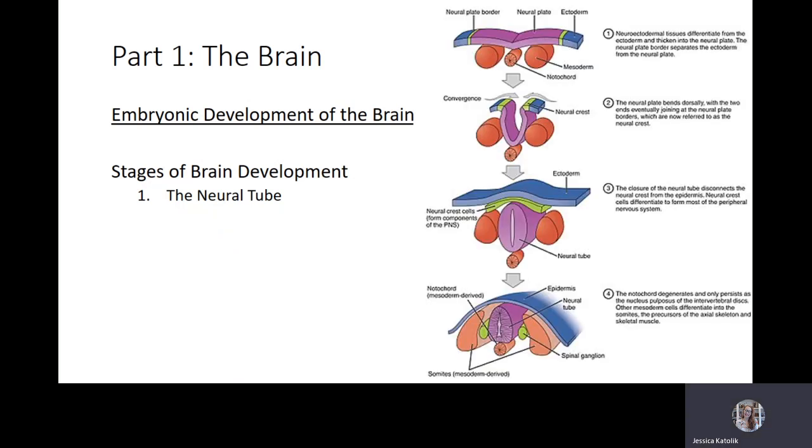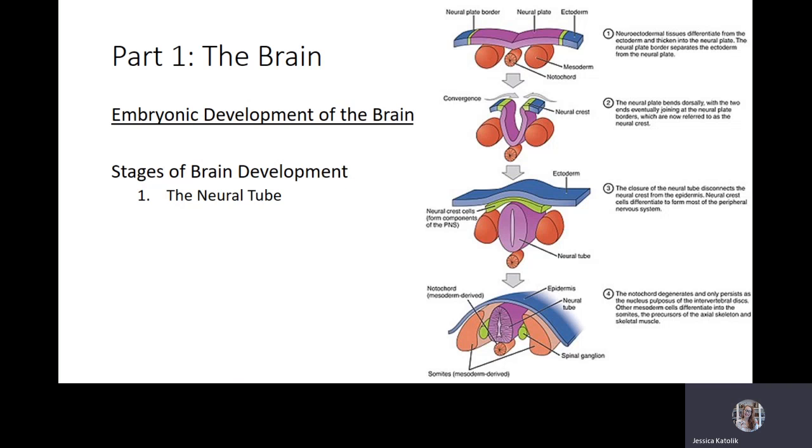So just a little bit about embryonic development. Early on, around day 20 of embryonic development, our body plan is pretty much a ball of cells that is composed of 3 layers and a hollow space. The outer layer is known as the ectoderm, and the ectoderm is responsible for eventually becoming the skin, the nervous system, and also the eyes.